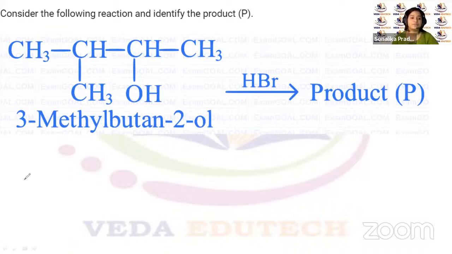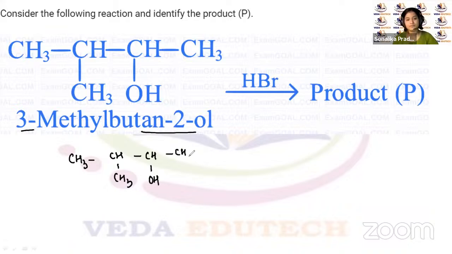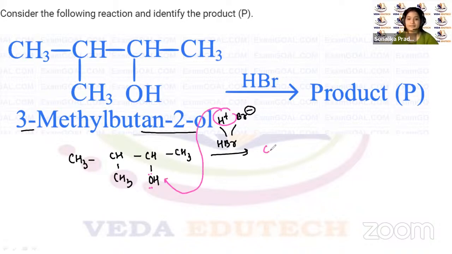We have been given 3-methyl butan-2-ol, so I'll write down the structure here. To that we are adding HBr. In HBr we have H plus and Br minus. This H plus can add where there is availability of electrons. It's going to add here, and we get this as the next step.